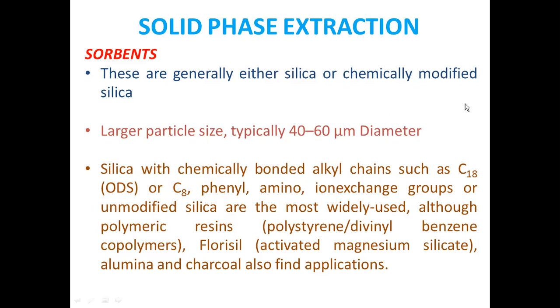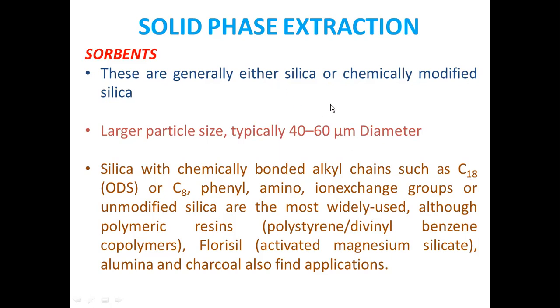So I told you about the chemically modified silica. Silica will be modified by attaching groups such as octadecyl, octyl, phenyl, amino, aminopropyl, and certain ion exchange groups such as sulfonic acid groups and tetramethyl ammonium group. All these modifications will be done by chemical treatment.